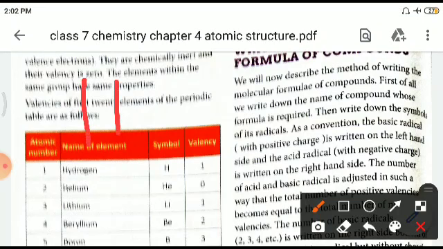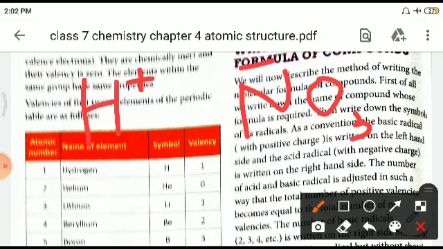So let me take H plus. The basic radical is written on the left hand side, and the acid radical is the one which has the negative charge. Let me take nitrate ion, NO3 minus.